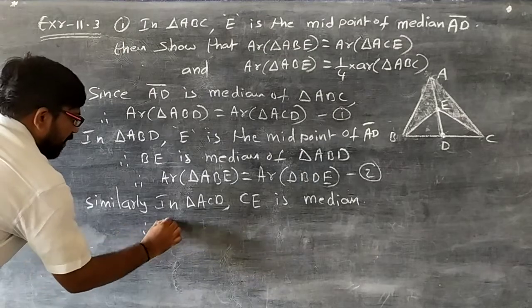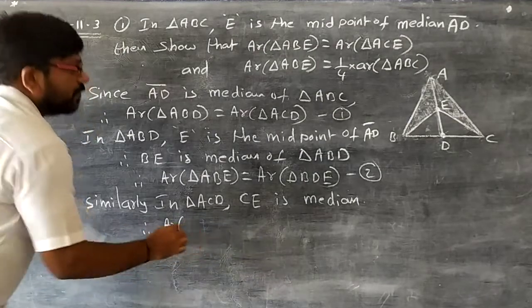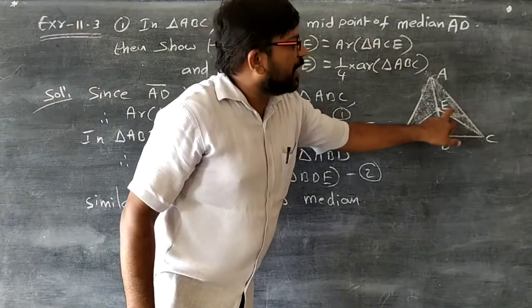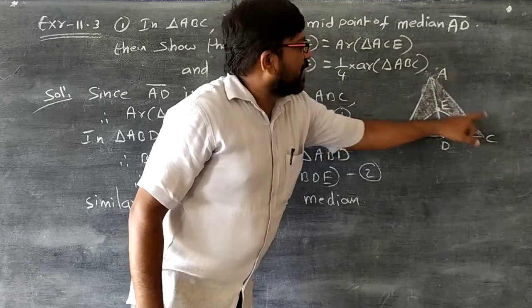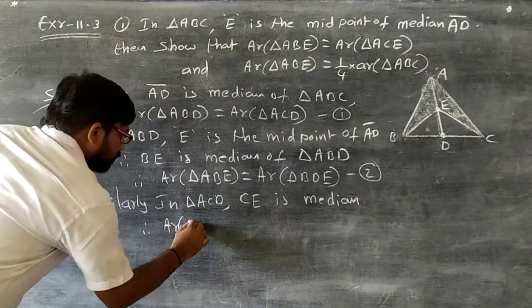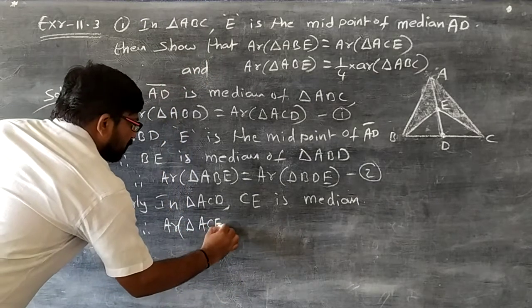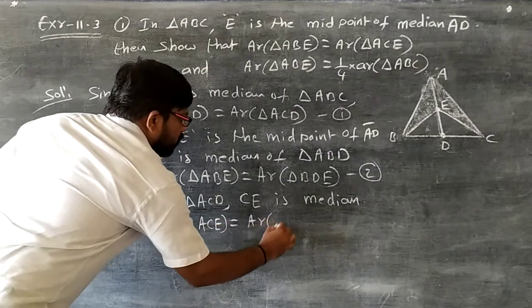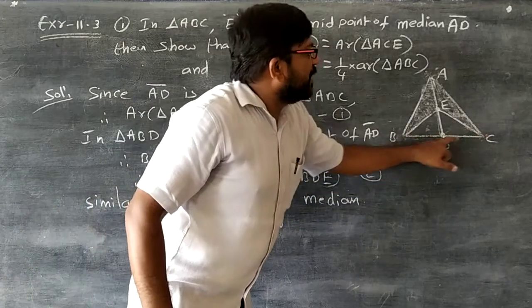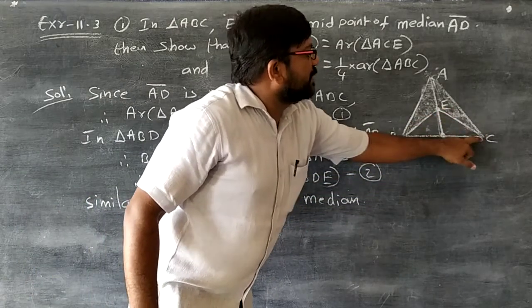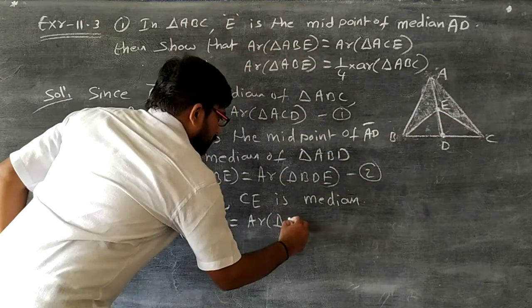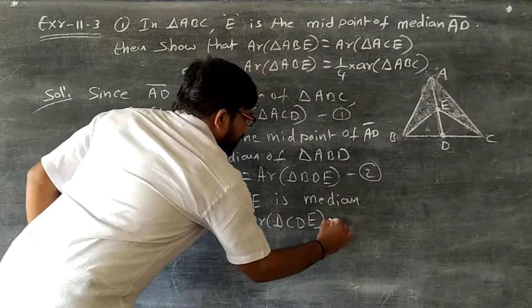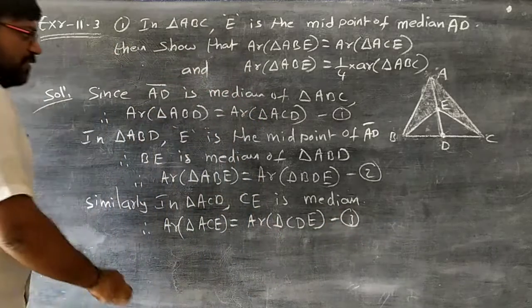So therefore, these two are equal in area. The area of triangle ACE is equal to the area of triangle CDE, right? These two are equal. ACE is equal to CDE. Call it the third equation.